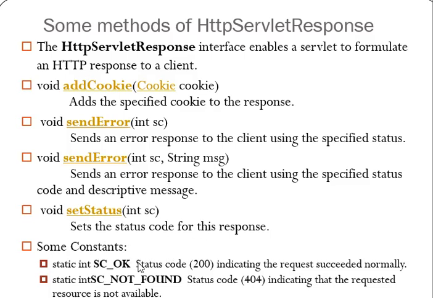A few constants include sc_ok, and you might have seen the 404 error on a web page when the resource is not available. These are all codes that are used by servlets. sc_ok is one status code, sent when the request is successful. And if the requested resource is not found, then the 404 status code is sent, with the constant sc_not found. Likewise, we can define our own codes also.